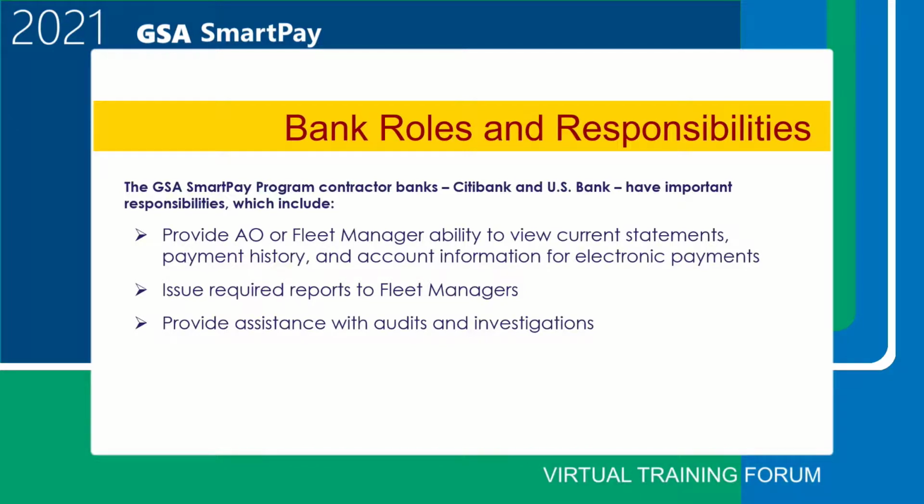So make sure you are getting those reports. They are also there to provide any assistance with audits or investigations. If there are questions from the OIG or even just the fleet manager with the audit or investigation, you can go back to your banks and ask for assistance, for either statements or transactions, whatever it is.